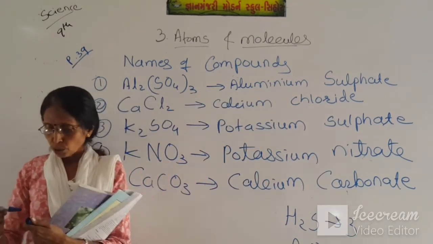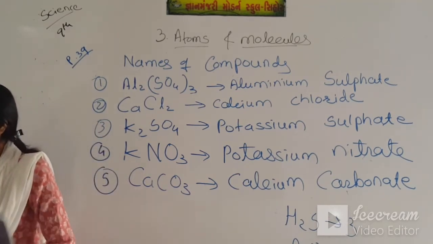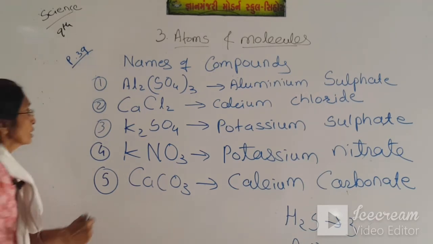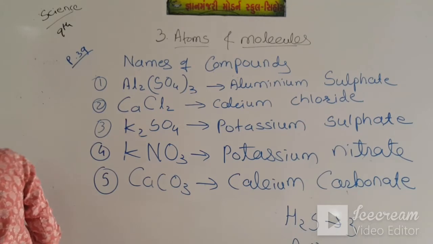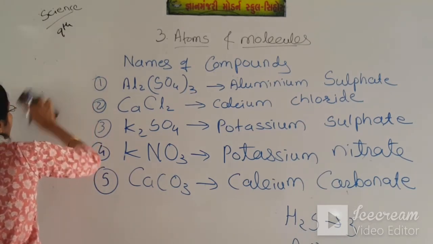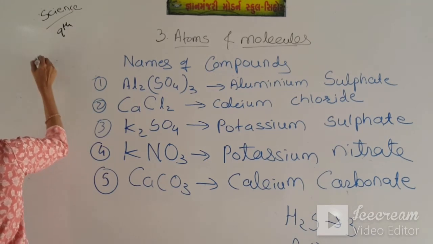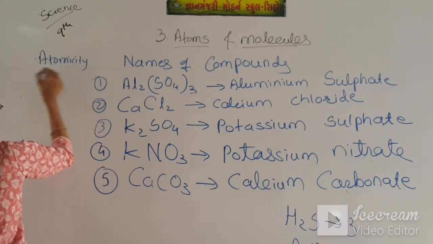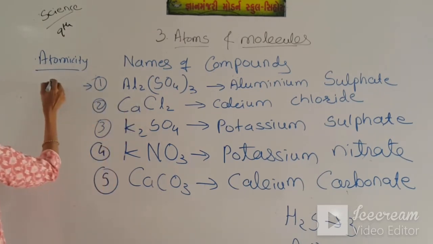Okay students, so in this way you can write the atomicity of different compounds. Again I will note here atomicity. It means the number of atoms participating in this. Here we have calculated 17.